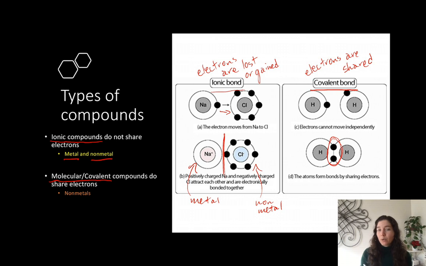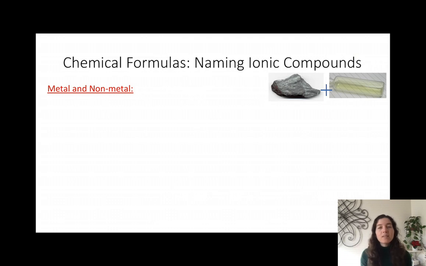Our molecular or covalent compounds are comprised entirely of nonmetals. Both of these are nonmetals. That's how we determine how we should name things: if it's an ionic compound, we give it one type of name, and if it's a molecular or covalent compound, we give it another type of name. We determine that based on what they contain: metal and nonmetal, versus all nonmetals.